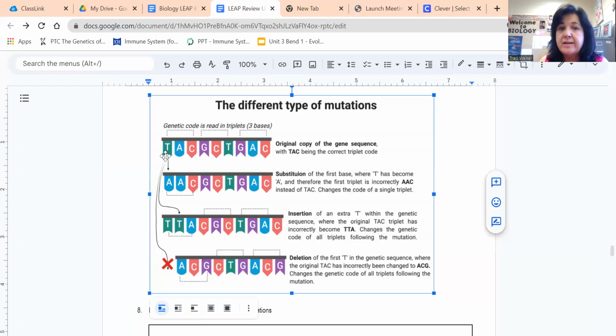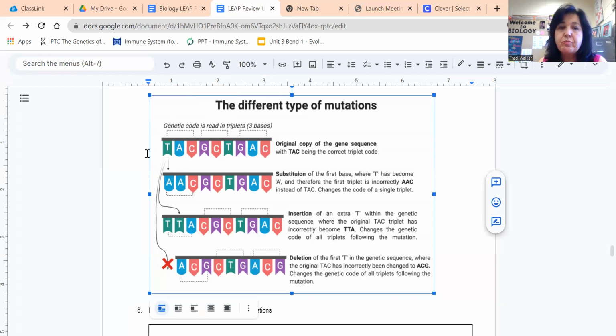And so you see you've got TAC, which stands for thymine, adenine, cytosine, guanine, cytosine, thymine, guanine, adenine, cytosine. So this is the original DNA strand, and these are, of course, your nitrogenous bases.